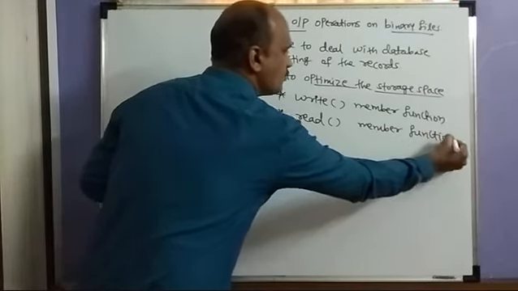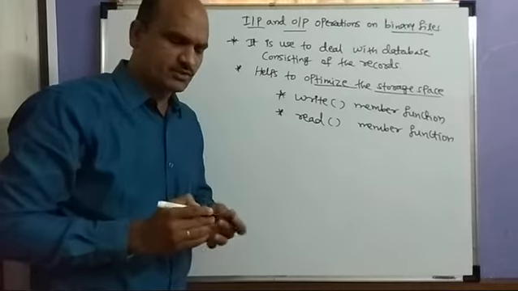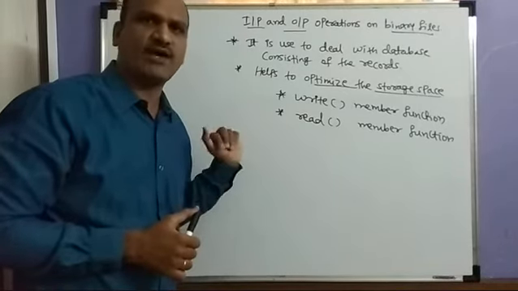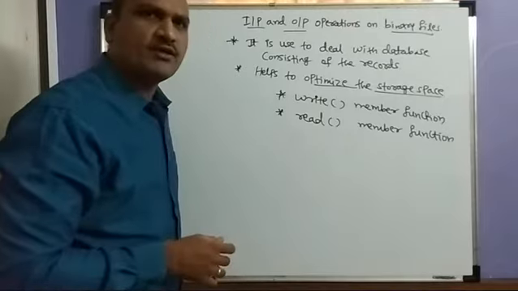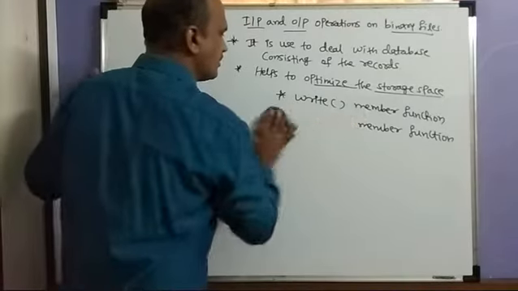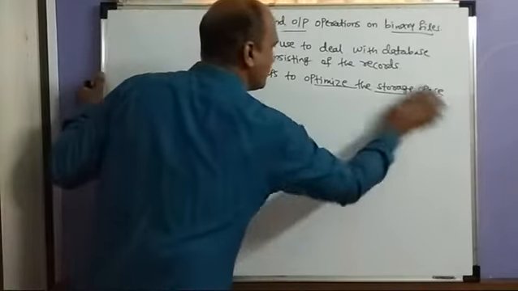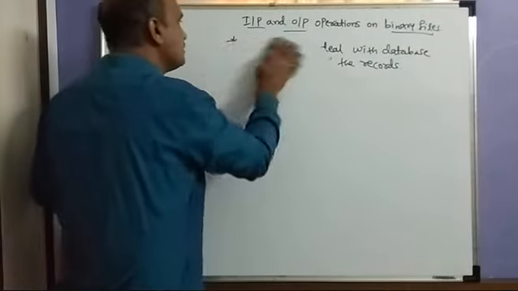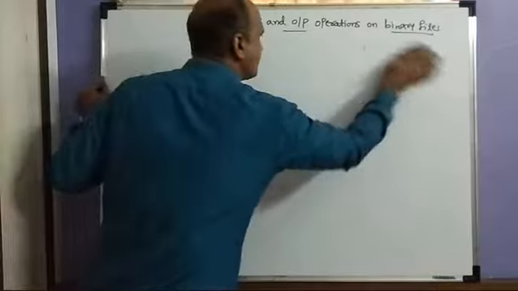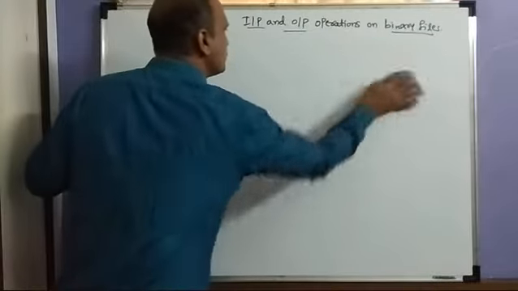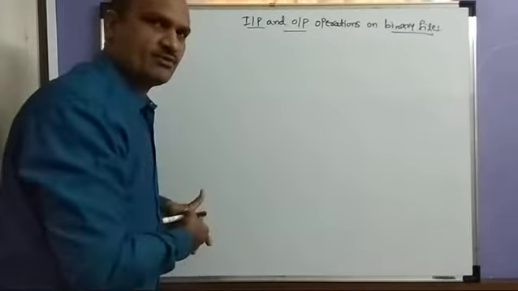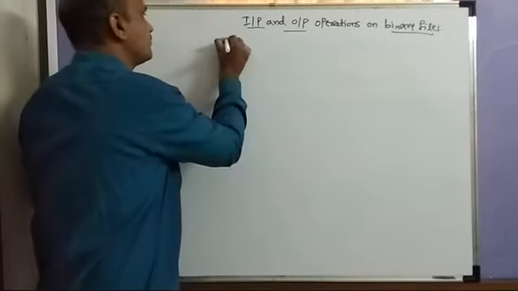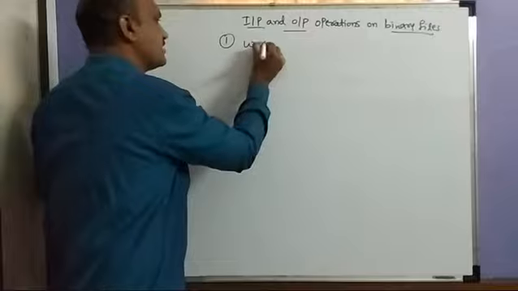So these are the two types we are using in the binary files. We will see both the functions, the write and the read. The first one is the function write.